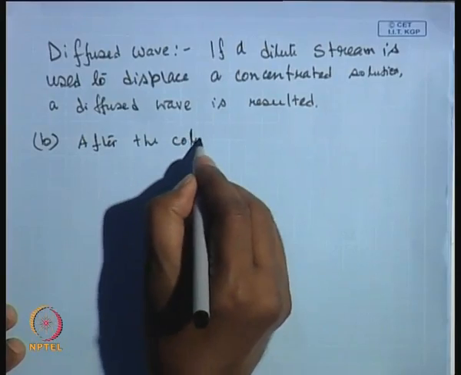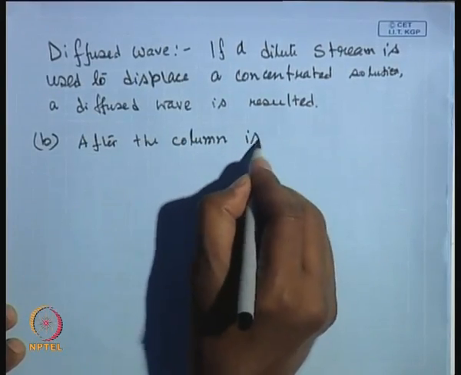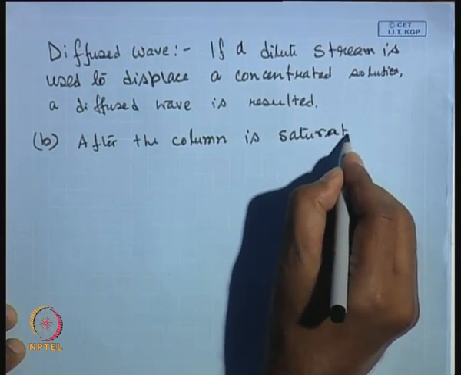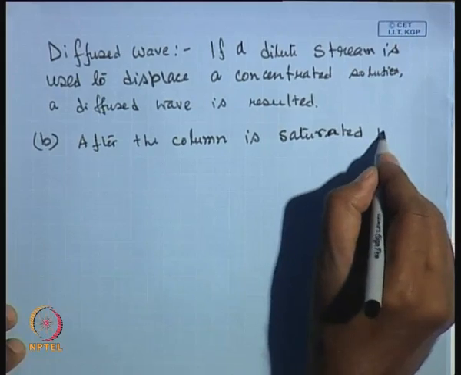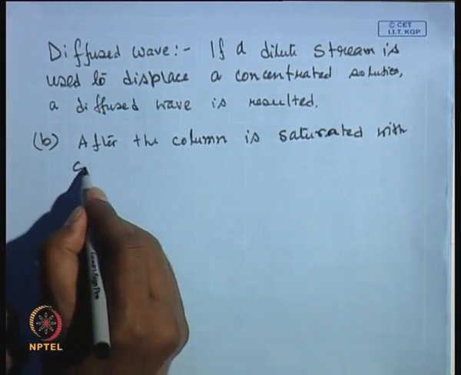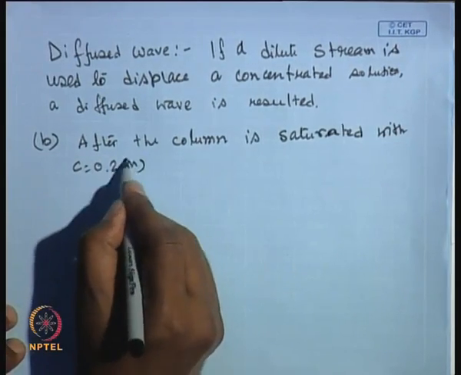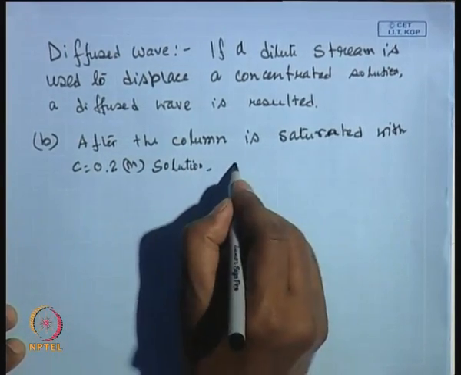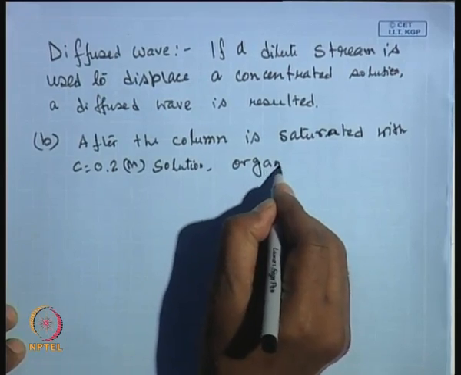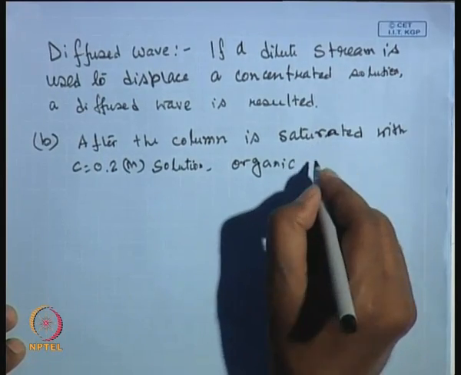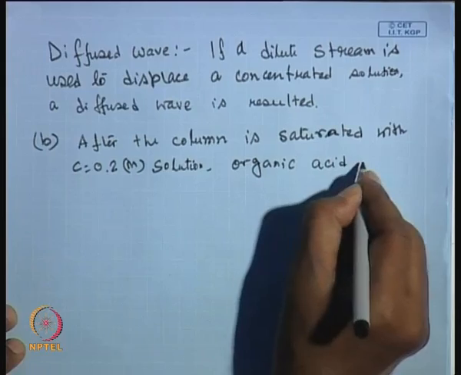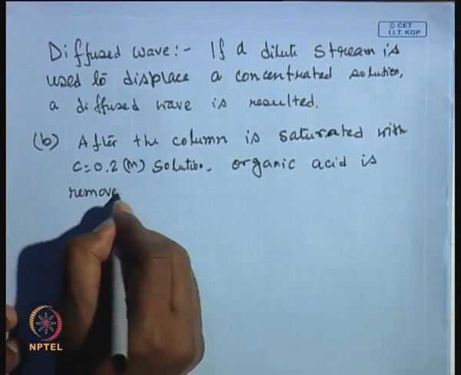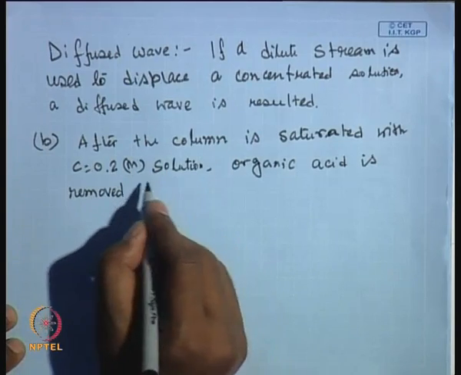After the column is saturated with C equal to 0.2 molar solution, organic acid is removed with an aqueous solution.